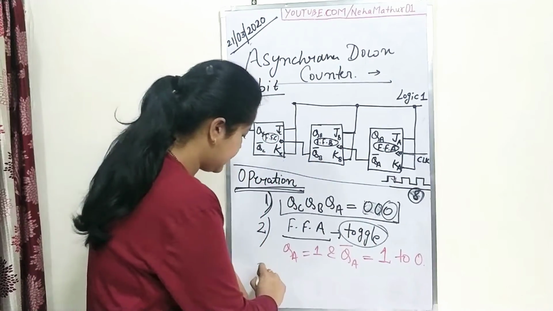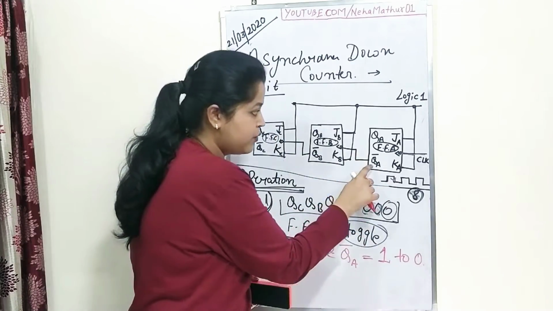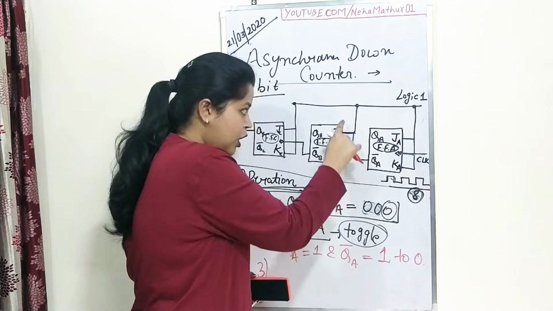As QA bar changes state from 1 to 0, the 0 is applied at the second flip-flop.